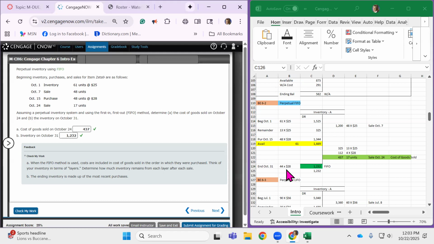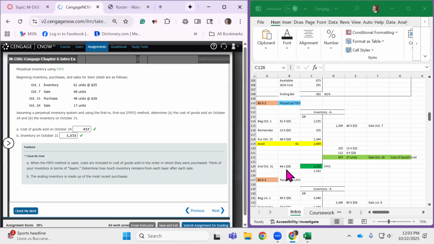We had 13 remaining. We bought 48 more, which means we had 61 units available to sell at two different costs. So when we sold 17, we sold out of all the $25 cost items, and then we sold 4 of the newest $28 items. And that means we have 44 items remaining times that $28 cost.